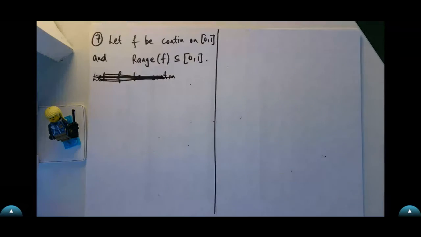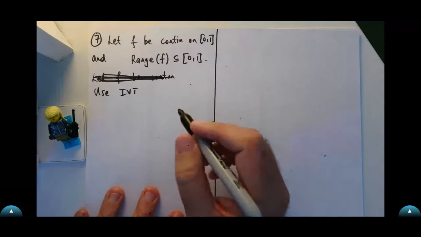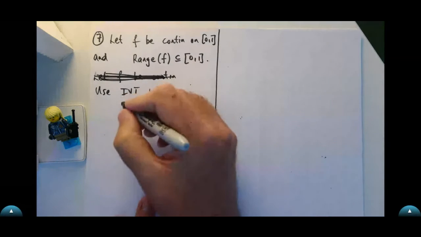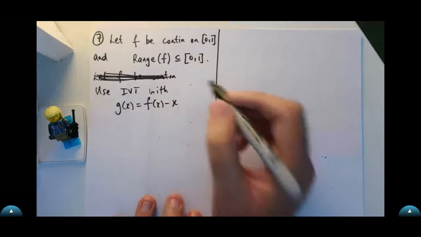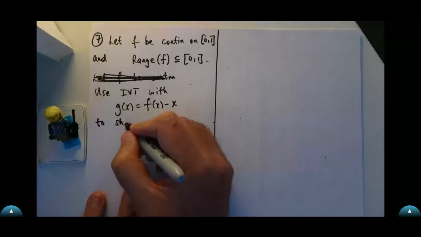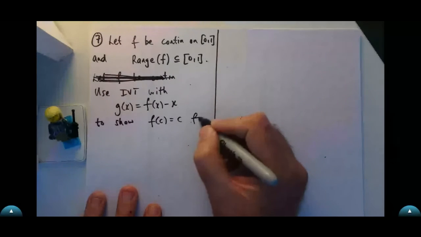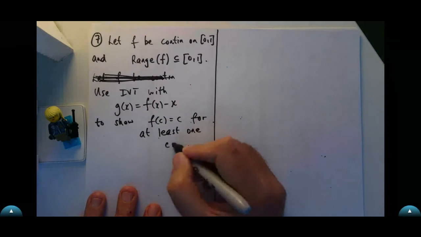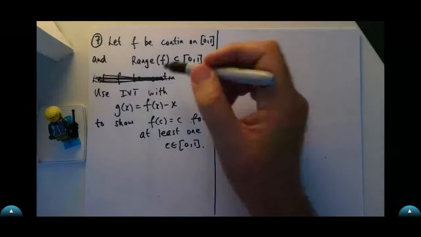So the idea here is to use the intermediate value theorem with g of x defined to be this difference here, to show f of c equals c for at least one value of c in this interval. So this is not an easy question.